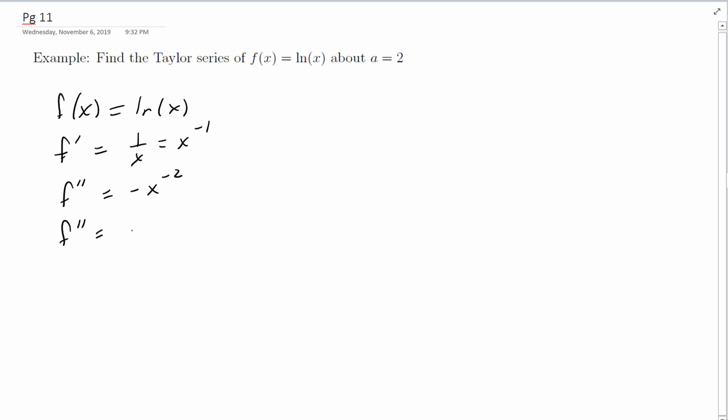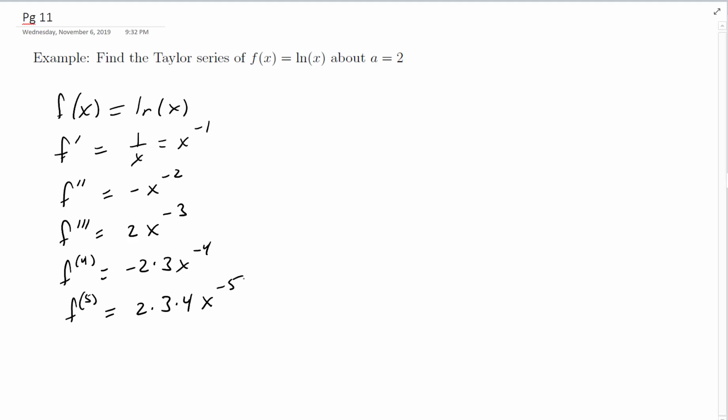The third derivative is going to be 2x to the minus 3. The fourth derivative is going to be minus 2 times 3x to the minus 4. And the fifth derivative is going to be 2 times 3 times 4x to the minus 5.